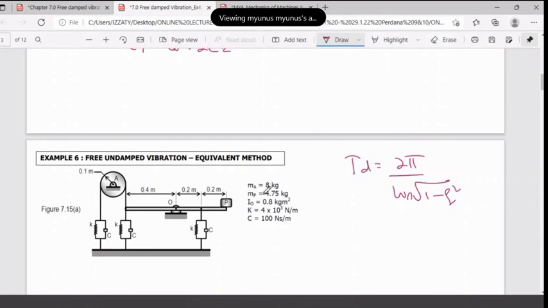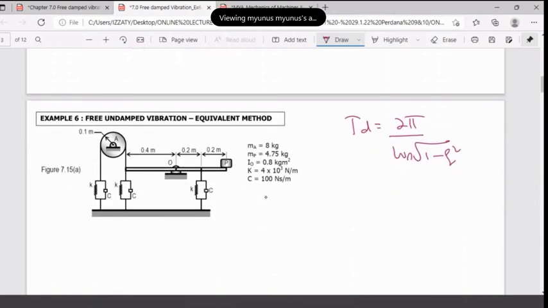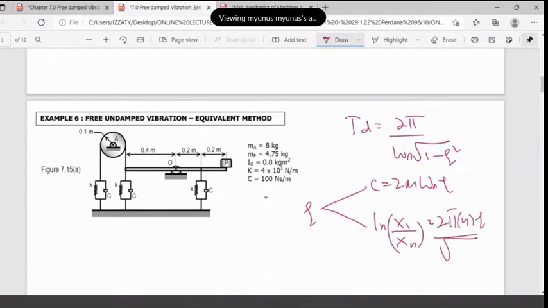Remember, zeta can always be calculated in two ways. One is C equal to 2m omega n zeta. The other is by using the logarithmic decrement, delta equal to 2 pi zeta divided by square root of 1 minus zeta squared. This one, they do not provide you, so you cannot use this one.